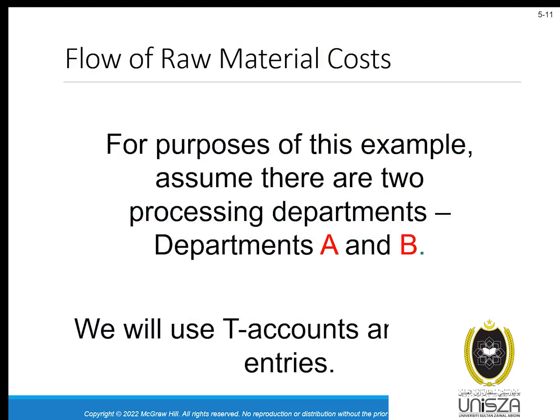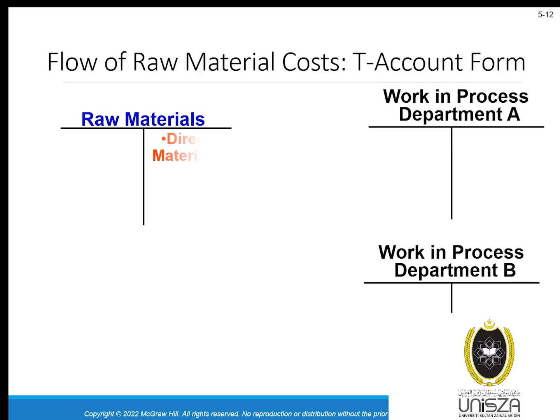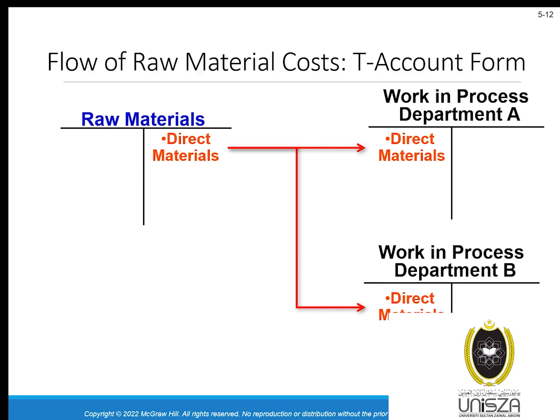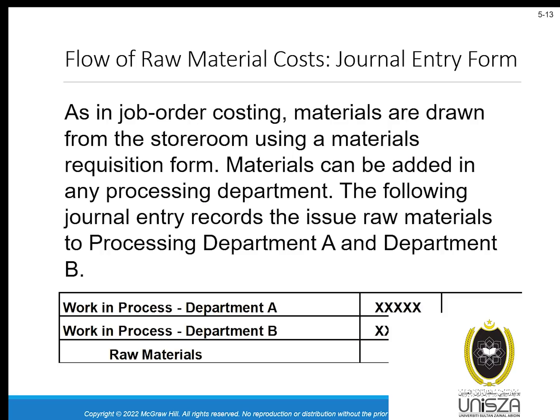So, the flow of raw material costs for departments A and B. We look at the T accounts and journal entries here. More or less you will find it is almost the same. In terms of the flow, we have the raw materials that are transferred to department A and to department B. And this is the journal entry recorded here: debit WIP department A, debit WIP department B, and credit raw materials.